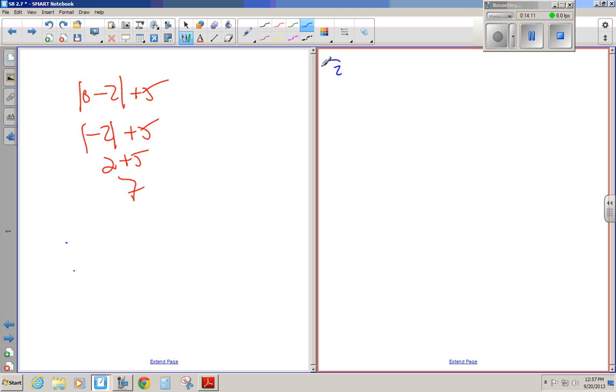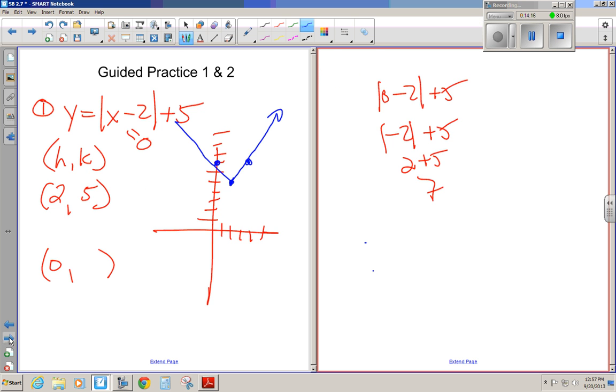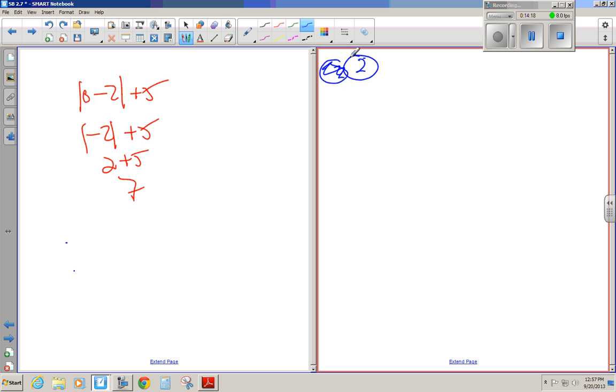Take a look at number 2. So number 2 says y equals 1/4 of the absolute value of x. So this means it's going to be wider, but the vertex is 0, 0.